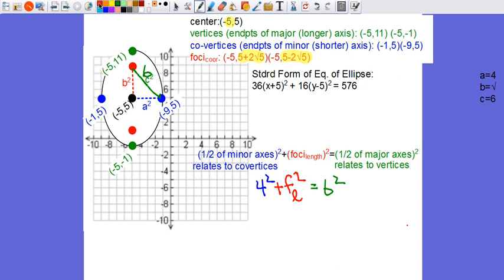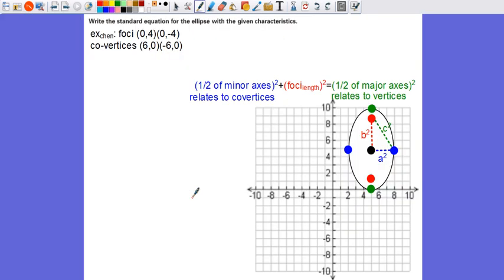When you get f sub L by itself, what is this? 36 minus 16 is 20. Square root 20 becomes 2 root 5. And remember, you add that to the y-coordinates, and that's how you get the foci, the coordinates of these red dots. Remember, I'm showing you how to get the coordinates of those red dots. That's the big picture. All right, last example, because I know this video is getting a little bit long here.